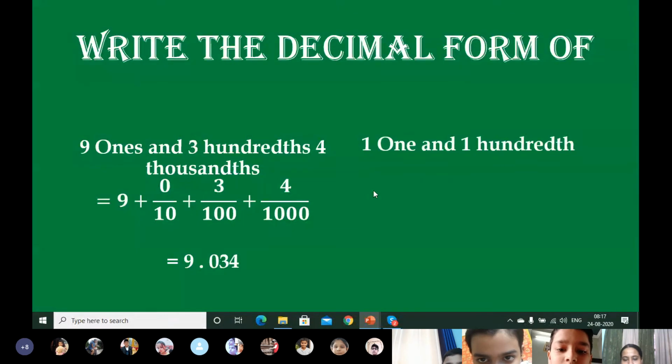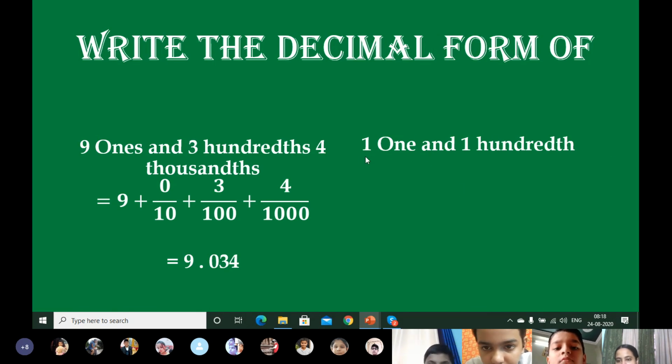You can see a difference here. See, when I was writing 9, 3 or 4, any other number, I was writing S with the numbers. You can see ones, hundreds, thousands. But when I have written 1 here, I have not written S. So for 1, you have to remember this.